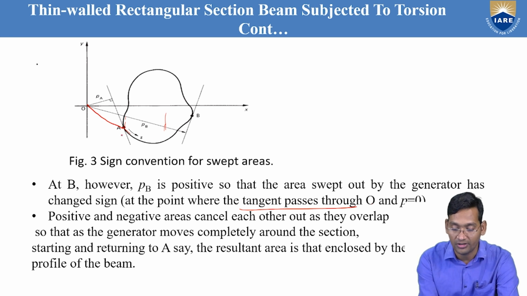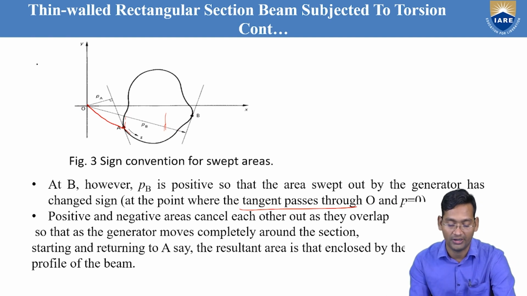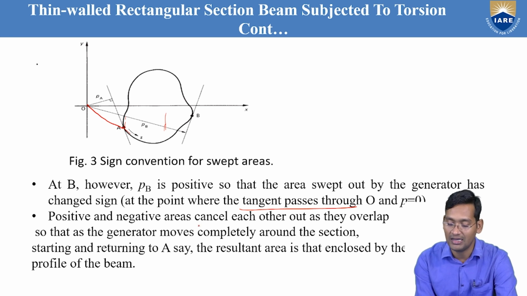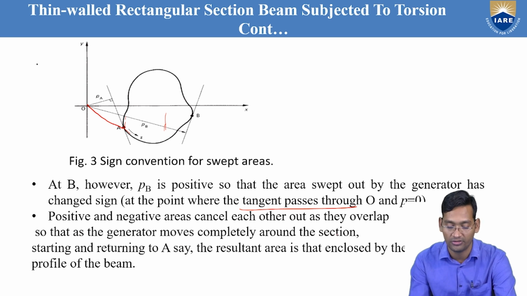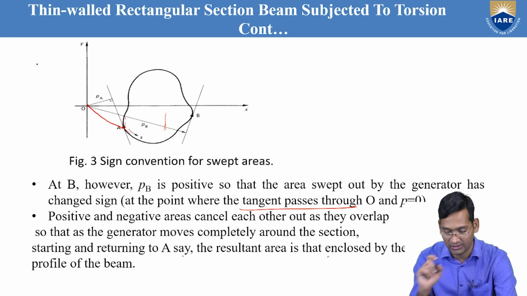Here. That tangent is just here. This is the tangent and this is the cross section. So the tangent passes through O and p equals 0. At that time, positive and negative areas cancel each other out as they overlap, so that as the generator moves completely around the section, starting and returning to A, the resultant area is that enclosed by the profile of the beam.